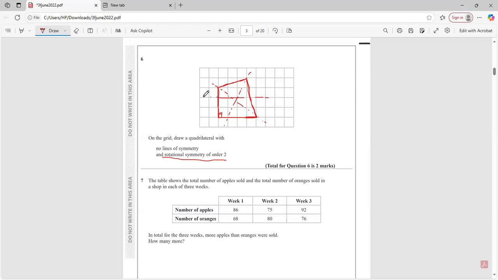But you might want to look at the mark scheme if it has something different there. The whole idea of rotational symmetry is that if you turn it round twice, because this one has an order of 2, as opposed to a square that has a rotational symmetry of order 4, it should look the same only for those twice that you've turned it round.